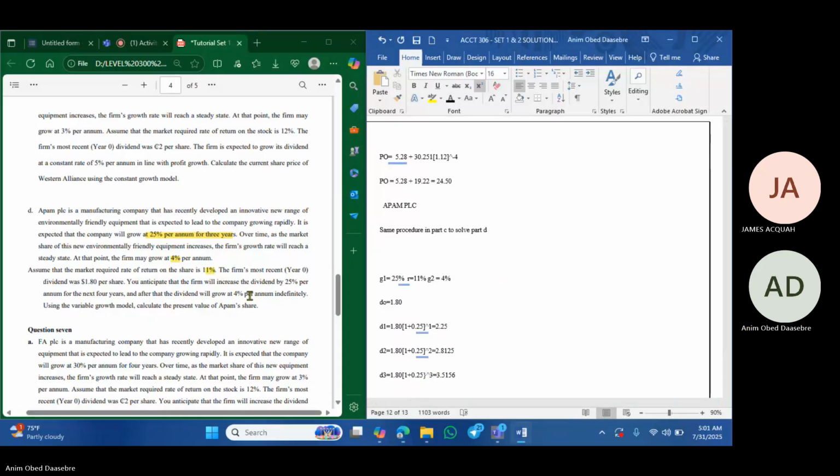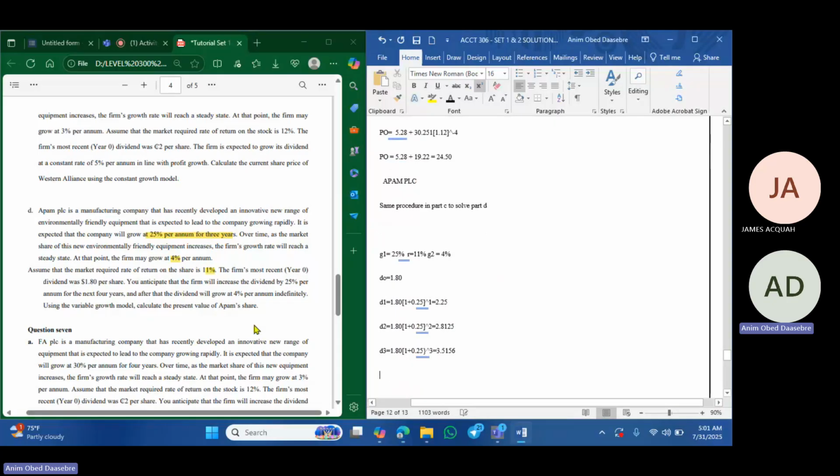Alright. Then we also find for the fourth year. So the fourth year will be 4.3945.